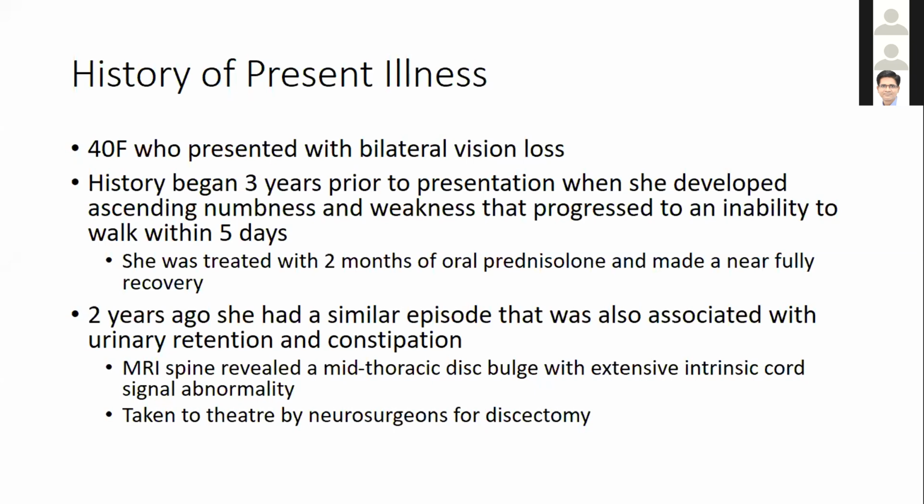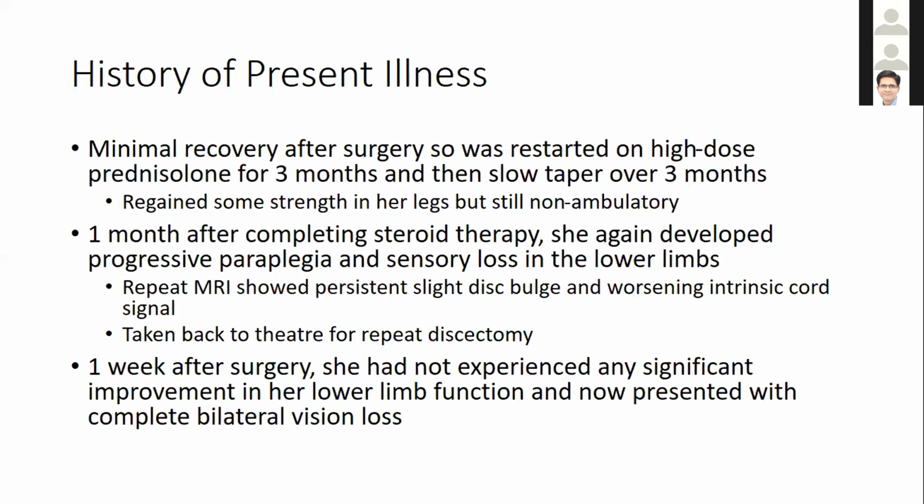She was taken to the theater by the surgeons for discectomy for the bulge that they had noticed in the disc, but she didn't report any major response to the surgery. She was restarted on her high-dose prednisolone for another 3 months with a slow taper 3 months following that. So she regained some strength in her legs, but she was still non-ambulatory after this steroid treatment.